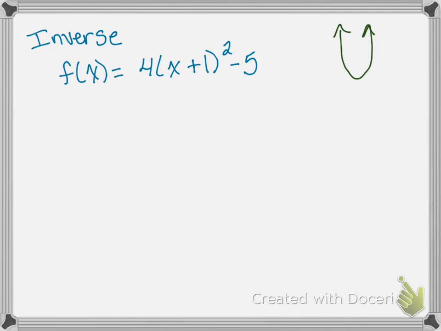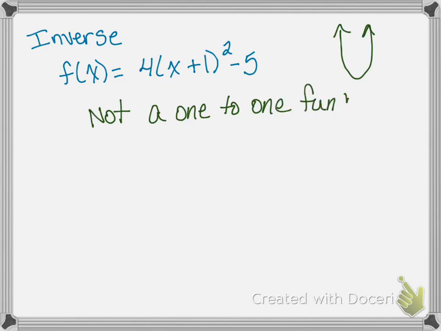So the correct answer to this is not a one-to-one function, and therefore does not have an inverse function. But I do want you to understand, you can find an inverse, it's just not a function.